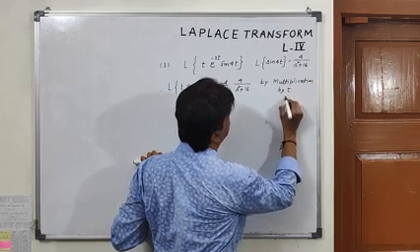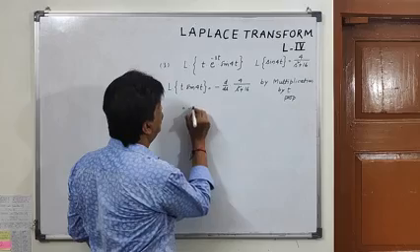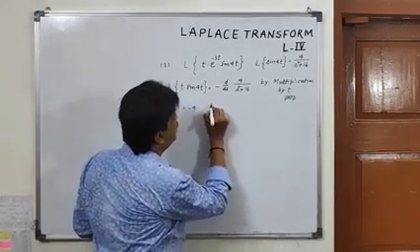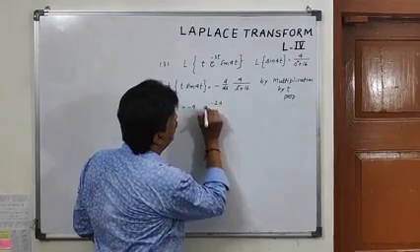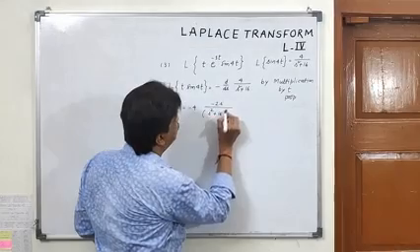So it is minus 4 into this derivative, which is minus 2s upon s square plus 16 whole square.